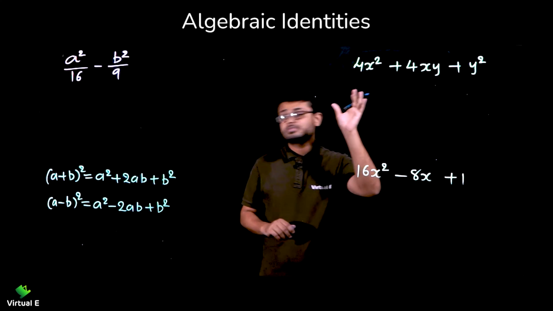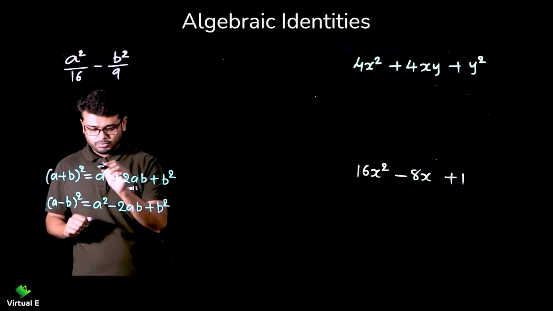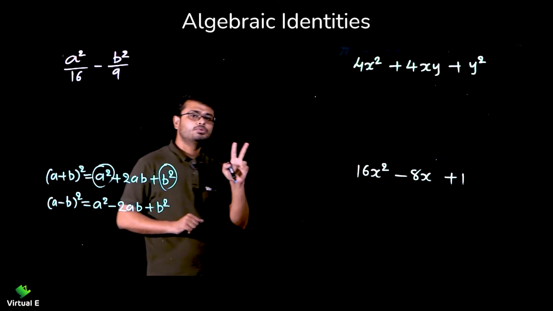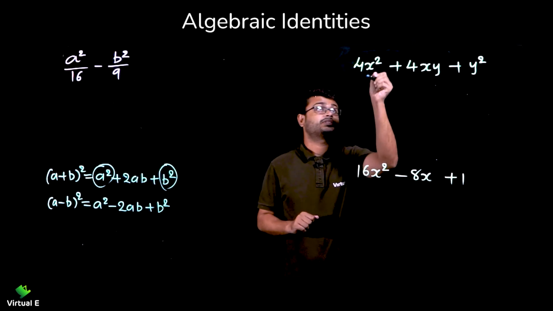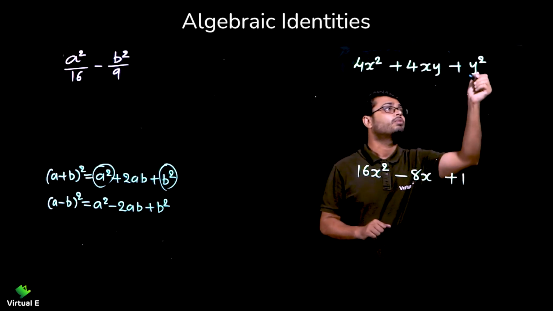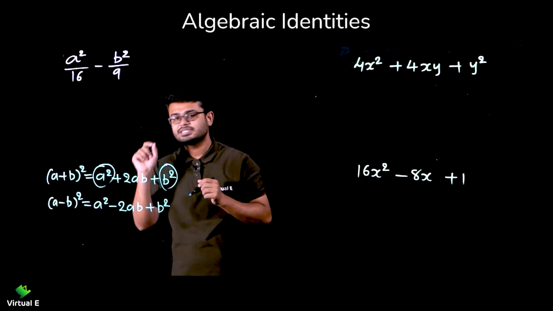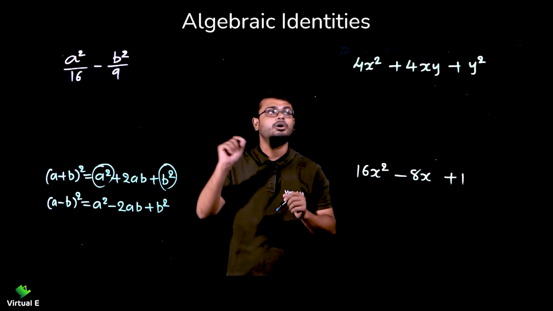Now if you compare this one with this, the most important part is that we should have at least two perfect squares. 4x square, yes, it is a perfect square. y square, it is a perfect square, right? Remember, perfect square is the only way to identify whether we can apply this identity or not.